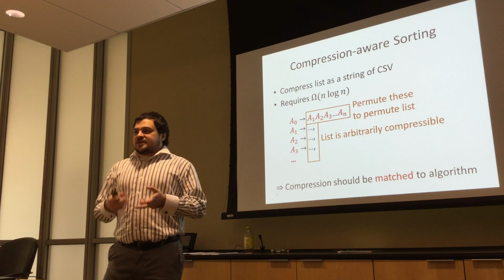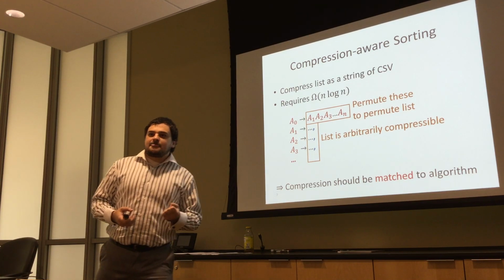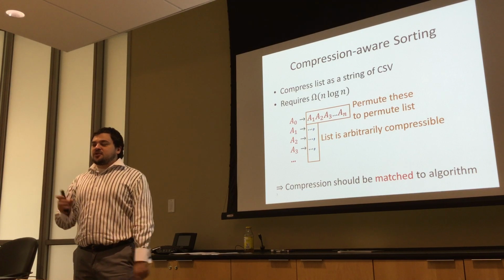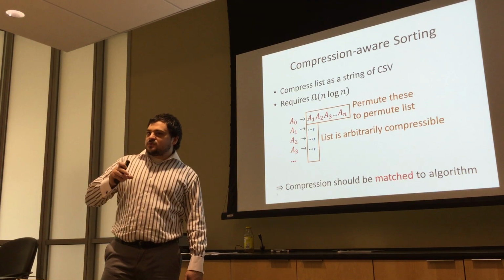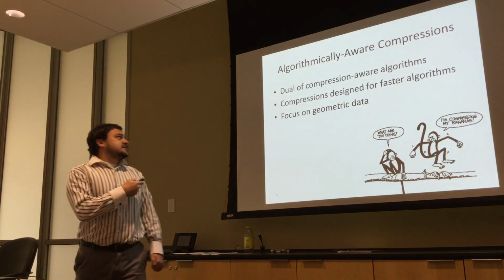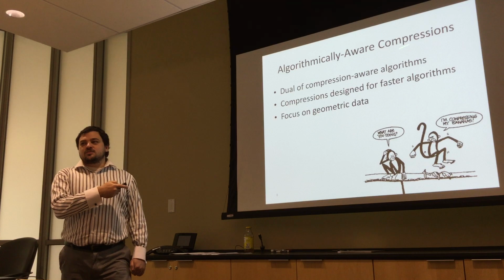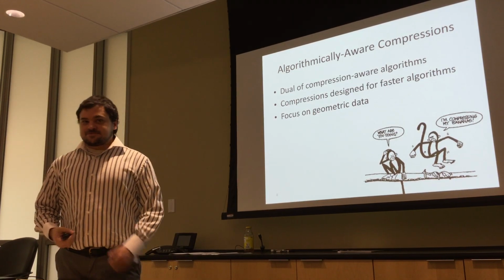We were unable to get any sort of benefit by compressing the data first. So this motivates co-designing compression schemes with the algorithms we would like to run on them. That is, we need to develop algorithmically aware compressions in addition to these compression-aware algorithms.